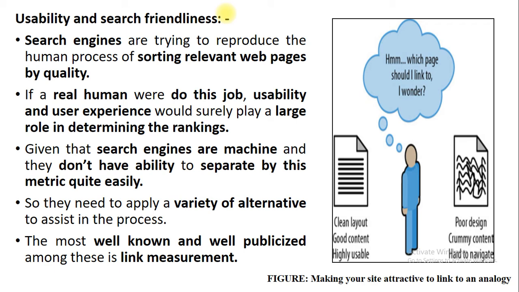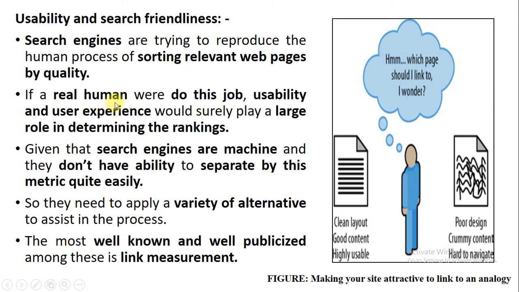So generally a normal human being can arrange the pages based on the experience or usability performed on the web pages, and the user is going to identify the good quality of content and determine the ranking of the web pages based on the experience.